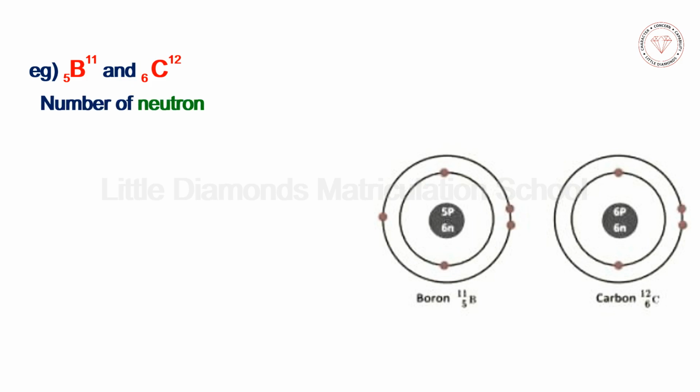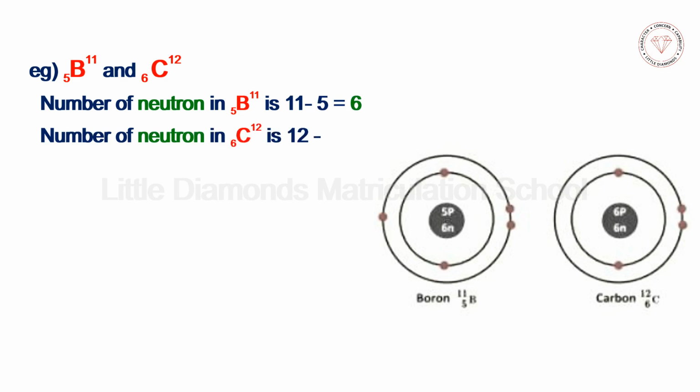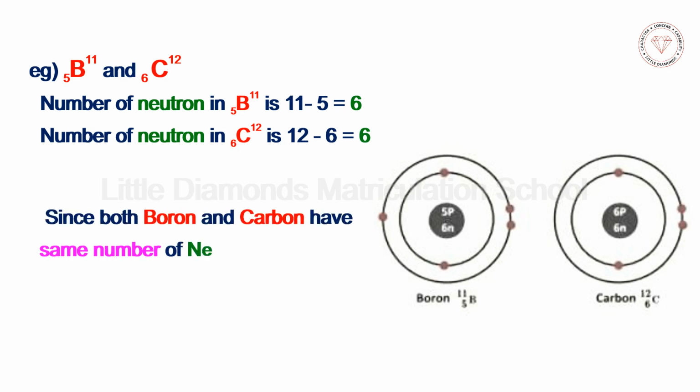The number of neutrons in boron 11 5 is 11 minus 5, that is equal to 6. And the number of neutrons in carbon 12 6 is 12 minus 6, that is equal to 6. So we see that the same number of neutrons are present in boron and carbon atom. Since both boron and carbon have same number of neutrons, they are called as isotones.